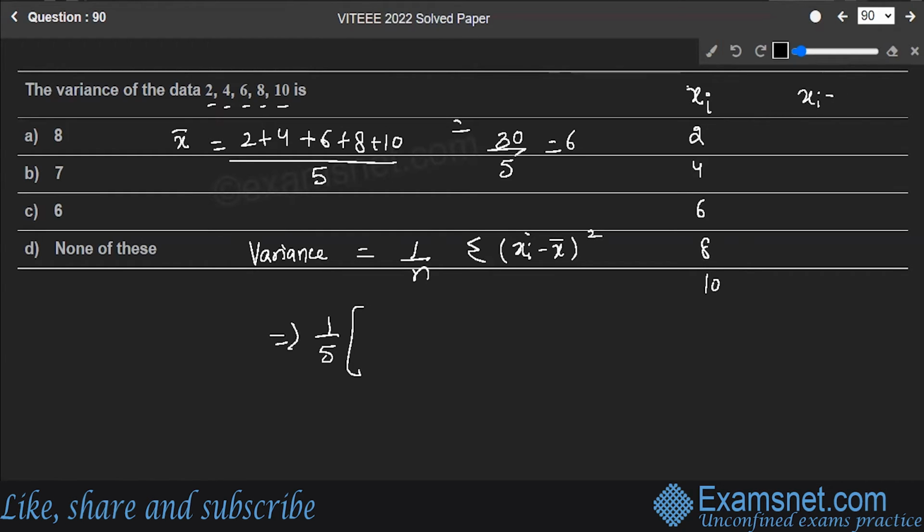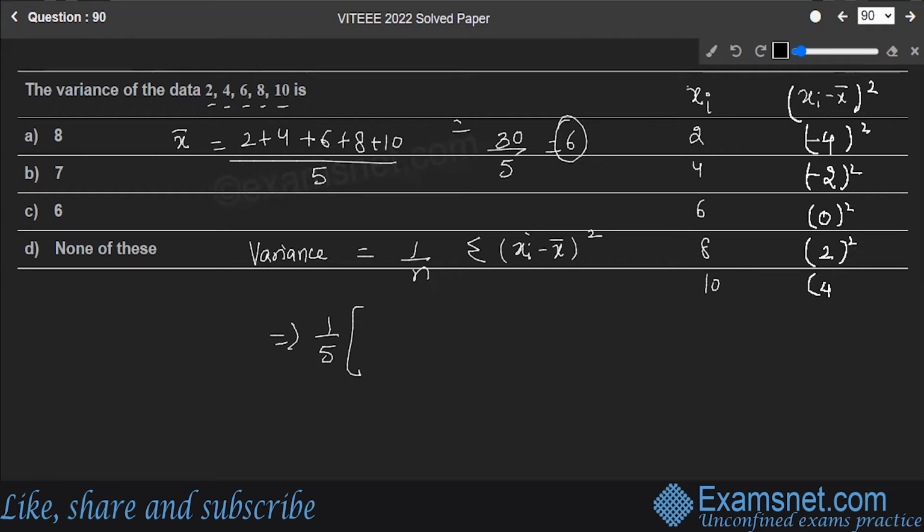Now xi minus x bar. x bar was equal to 6. So this is minus 4, minus 2, 0, 2, 4. Let's find out the square of it and do the summation.